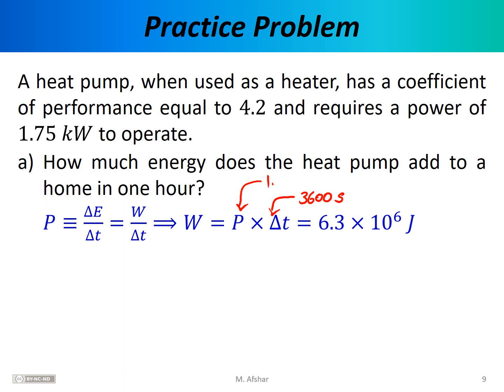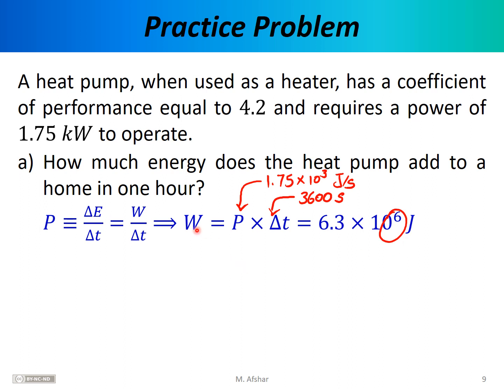It's better to write that as 1.75 times 10 to the 3, that takes care of the kilo, and I'll write the watts as joules per second. When I write it like this, I can see that the seconds cancel out, and I'm left with joules, which is exactly what we want. So we find that in this particular problem, the work that is performed on the heat pump, this is the input of work, is 6.3 times 10 to the 6 joules.